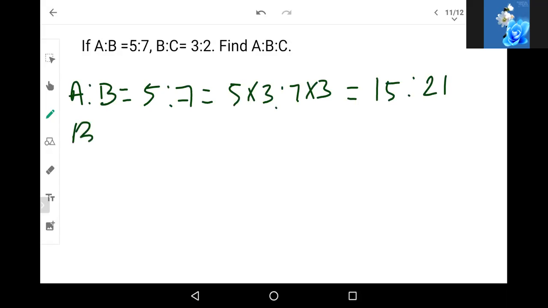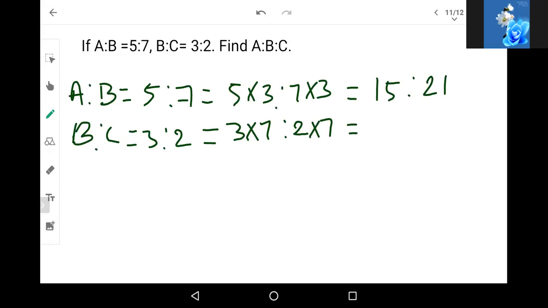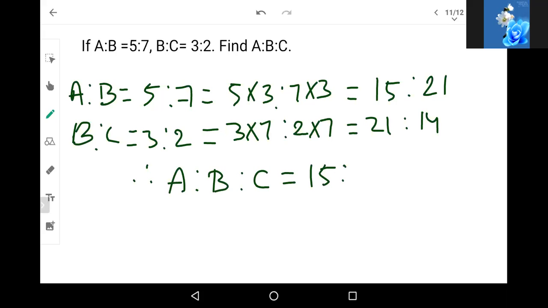And then B is to C, that is 3 is to 2, should be multiplied with 7. So 3 into 7 is to 2 into 7. So 7 3s are 21 is to 7 2s are 14. So therefore A is to B is to C is nothing but 15 is to 21 is to 14.